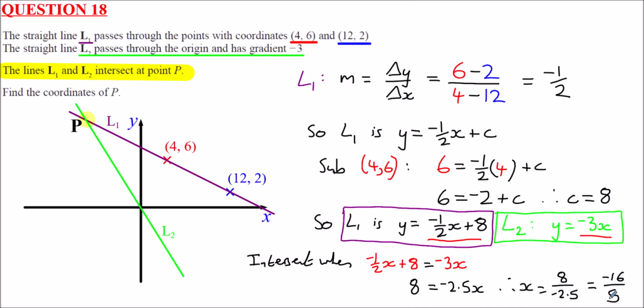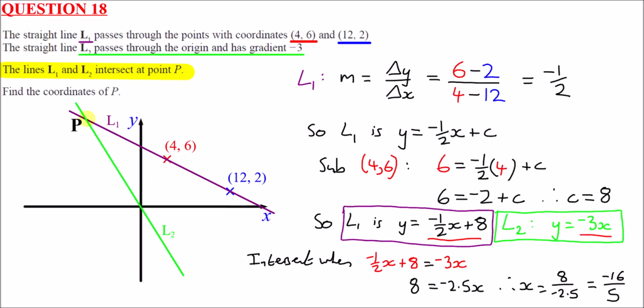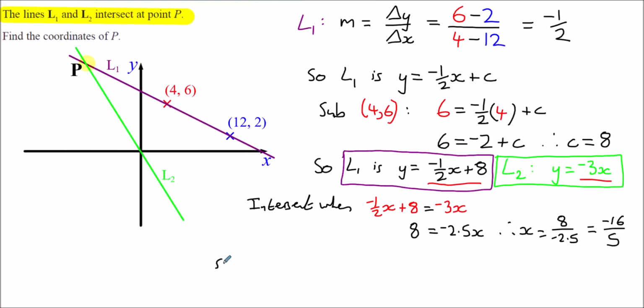But we don't want just the x value, we want the y-coordinate too, we want the coordinates of P. The easiest one to use would be L2. So if we sub x equals minus 16 over 5 into the equation for L2, which is y equals minus 3x, we'll find the corresponding y value.